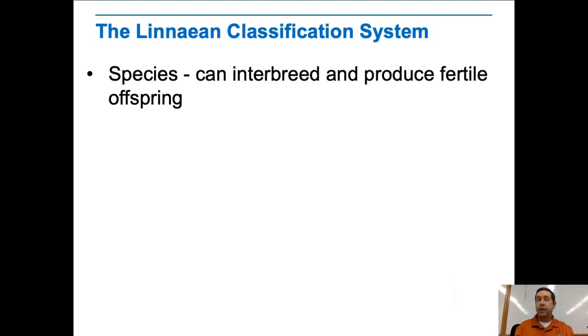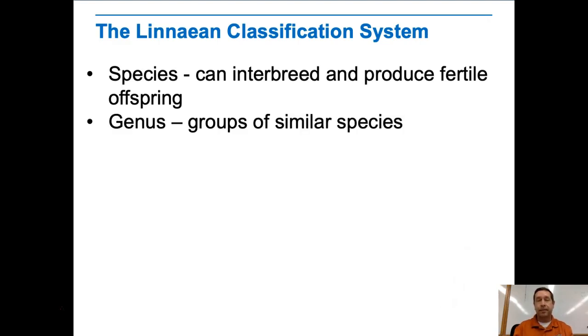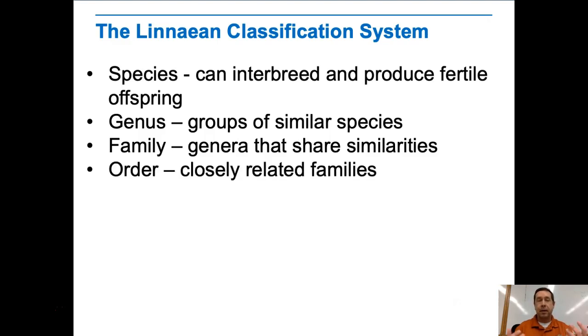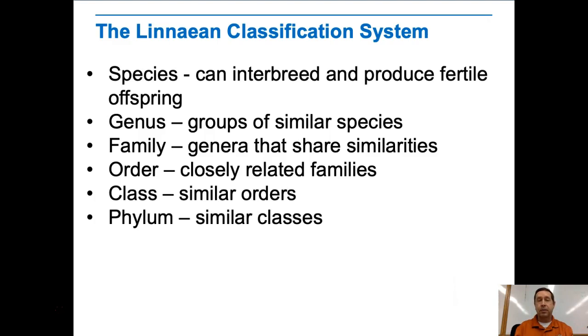So going from the smallest, least inclusive group with the most shared characteristics, we have species. They can interbreed, they can produce fertile offspring. A genus is a group of similar species. A family is a group of similar genera. An order, closely related families. Class, similar orders. Phyla, similar classes, and so on.